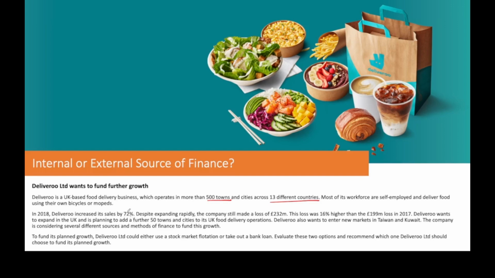So we can see the sales are 72% up, but they've made a loss of 232 million. The loss was 16% higher than that. Now, when we're looking at numerical trends, sometimes it's nice to think, however, if this continues into the future, they might lose even more money.